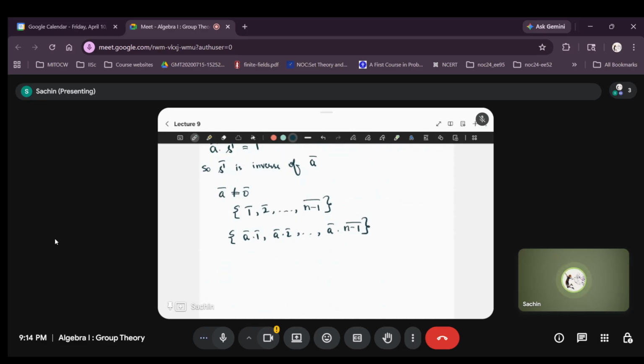Now what has happened? Since a bar is an element of this set, the product of a bar with any of its elements is also within that set. Right? We needed multiplication to be closed.